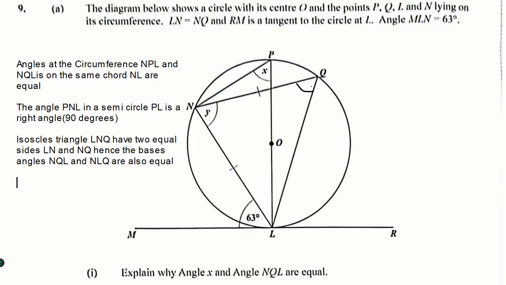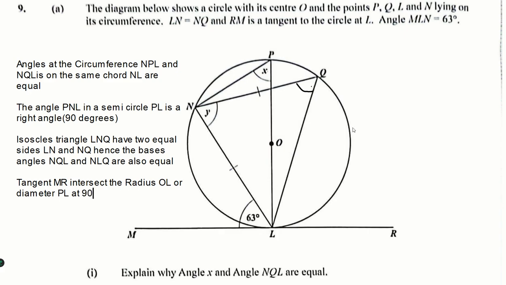The next thing I can see is they said a tangent. So tangent MR intersects the radius OL or diameter PL at 90 degrees.